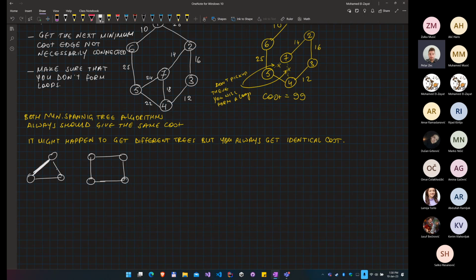So you're going to get this one, for example, and this one, and maybe you will get this one, and this one, for instance, right? However, you cannot get a minimum spanning tree because you got right now two of them.